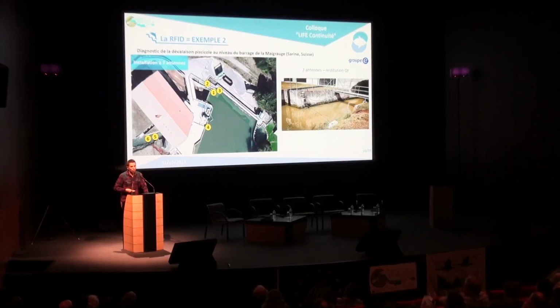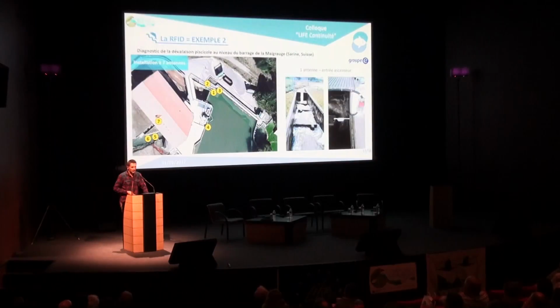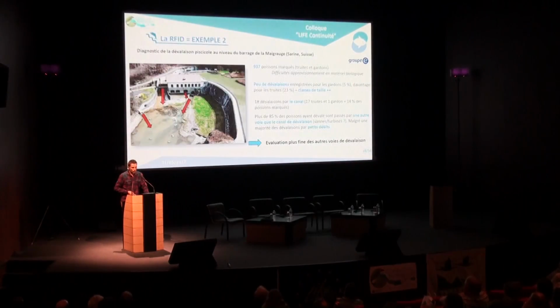It was too complicated, so we put these two antennas downstream, and we had information about the fishes which took this way. In terms of results, we marked 937 fish.